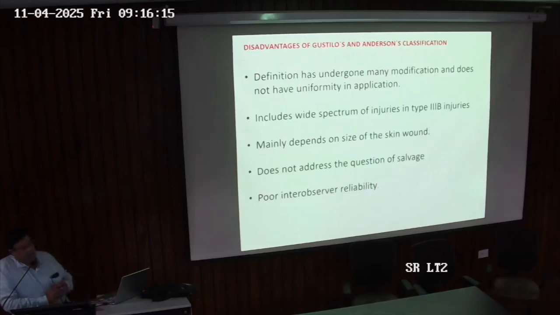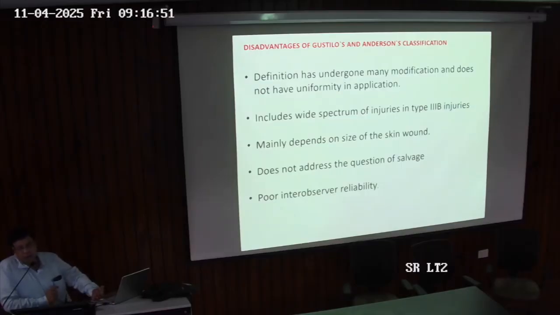And a disadvantage of the Gustilo-Anderson classification: it has undergone many modifications as it was found inadequate. There is a wide spectrum of injuries that occur in 3B, but it does not differentiate them, and mainly depends on the size of the skin wound. It does not address limb salvage.